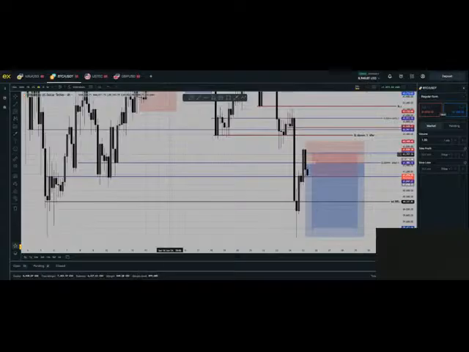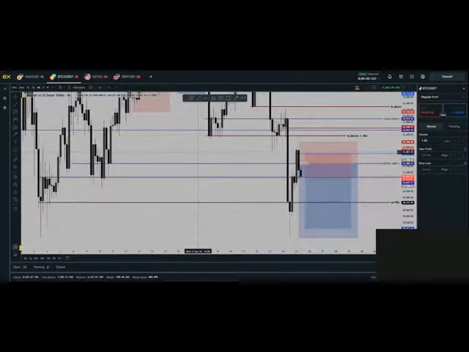For this particular trade under the 4 hour, I never found any resistance around here. This was the resistance side I was looking at, but price never came back to this level. So I just had to wait for any change of character inside my daily support or resistance level.